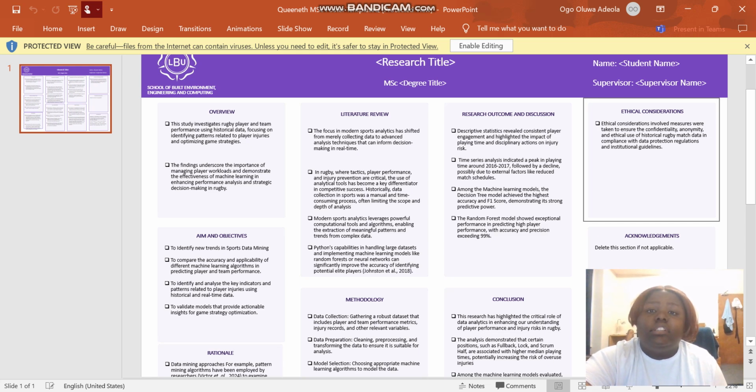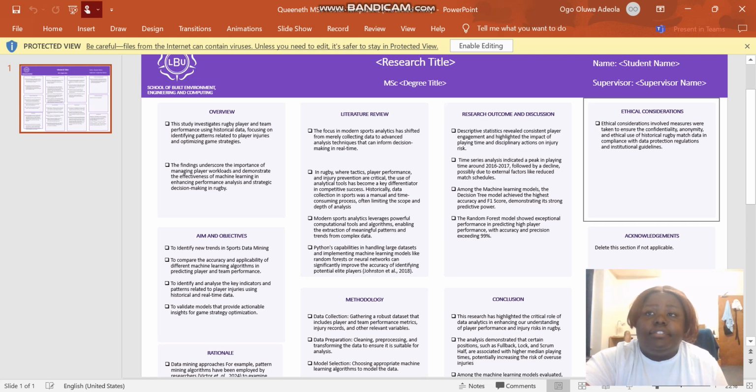I removed redundancy and outliers. And then I went ahead to choose my various machine learning models, which include sklearn, logistic regression, SVM, random forest, decision tree, and MLP.